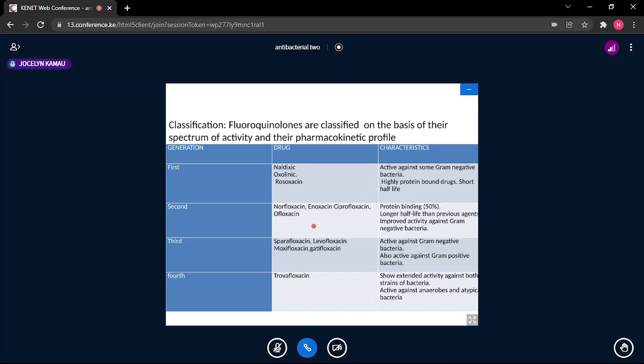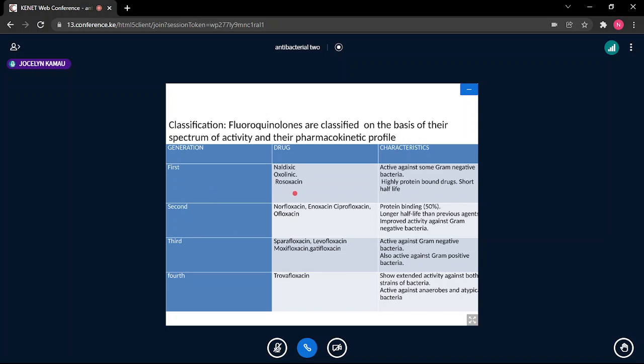Again, the fluoroquinolones, just like other drugs that we have looked at, including the cephalosporins, were classified according to generations. As we have said, the criteria of the generation is how new a molecule is, and more often than not, also its spectrum of activities. We have about 4 generations.